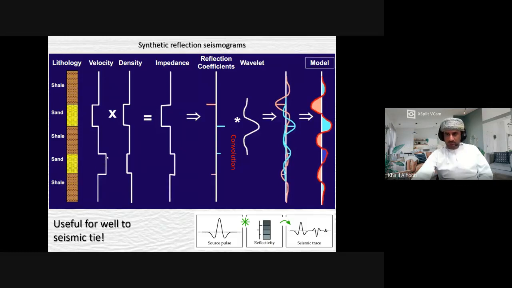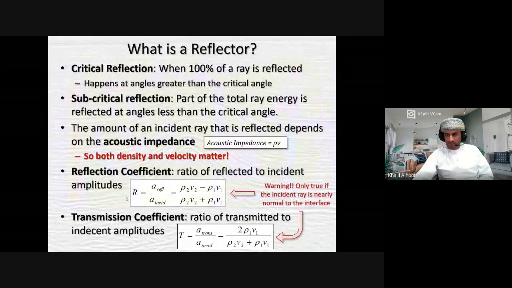This sand has way more velocity than this sand, even higher than this shale. So this sand is different from this sand since they have different velocities, and they have their own density too. If you multiply velocity with density, it gives you the acoustic impedance. Then you create reflection coefficients using this equation.